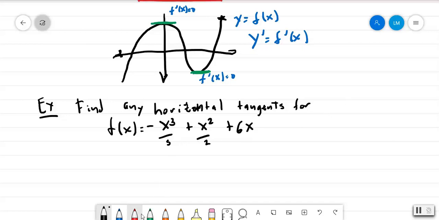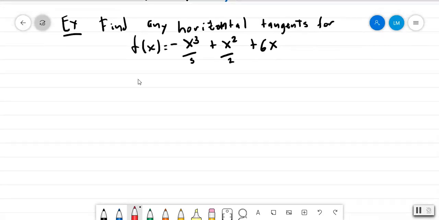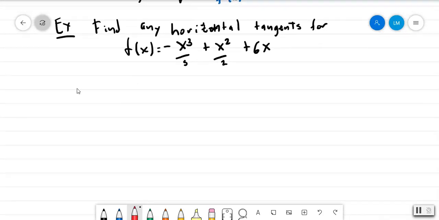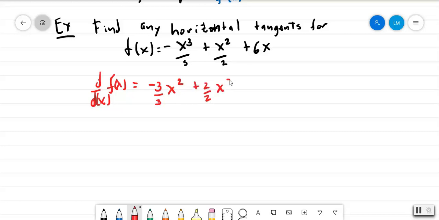Okay, so this is actually not too bad because we just need to find where those horizontal tangents are for the derivative. So the derivative of this equation is going to be equal to negative 3 over 3 x to the 2, plus 2 over 2 x, and then plus 6.